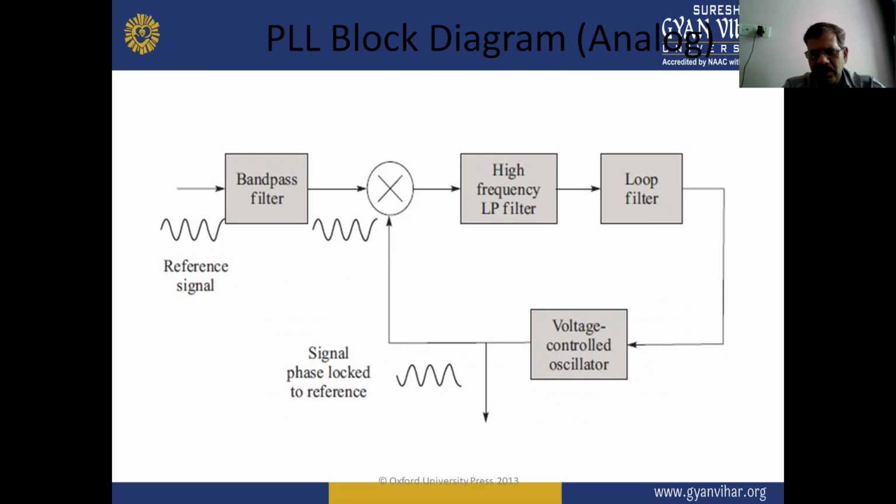The output of this loop filter feeds the voltage control oscillator, and the voltage control oscillator output goes again to the multiplier. The output of this voltage control oscillator is phase locked to the reference. So this is the PLL block diagram.